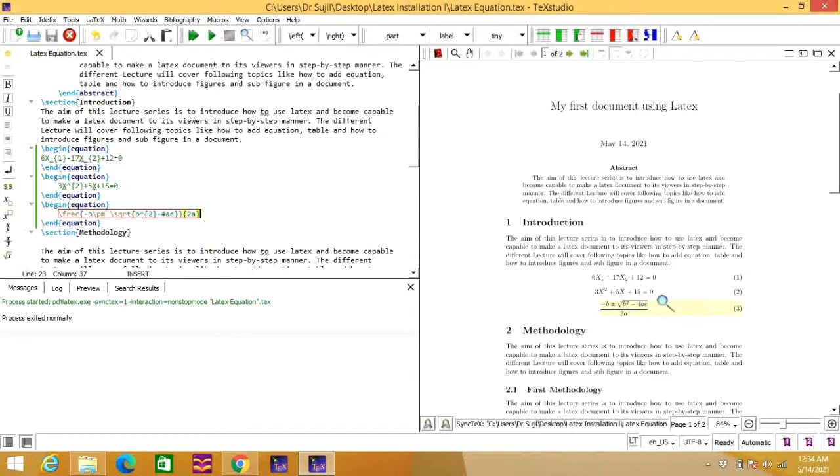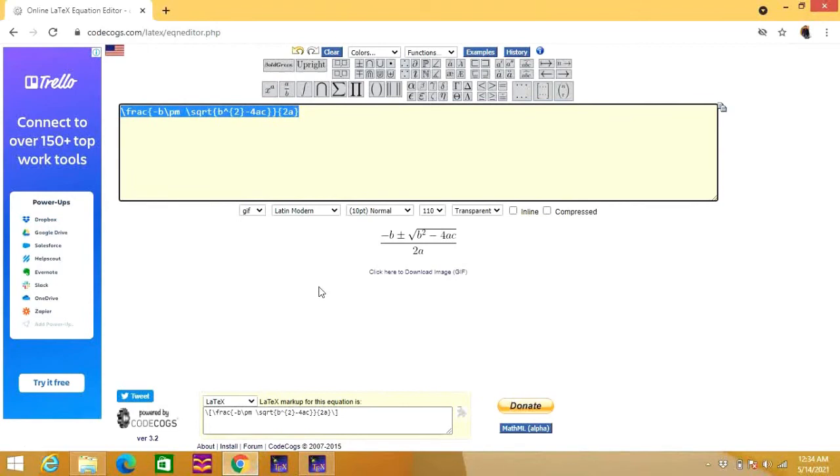Okay, so now our third equation also we have generated. Now let us say we need to write some equation which has trigonometric functions. Let us say we need to write sin square theta plus cos square theta is equal to 1. So how can we go for that? Let us see.